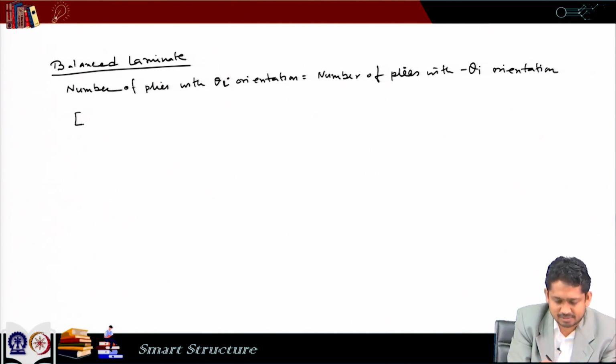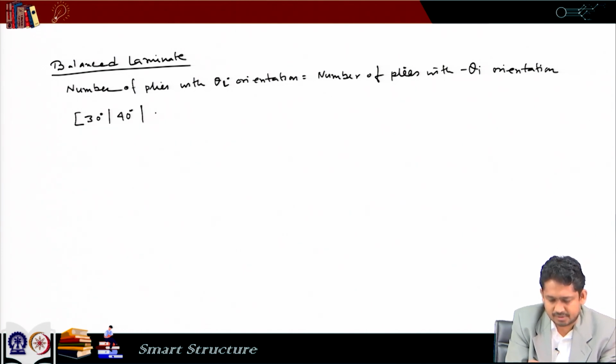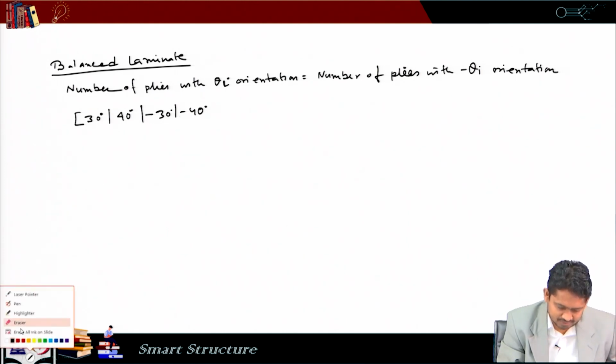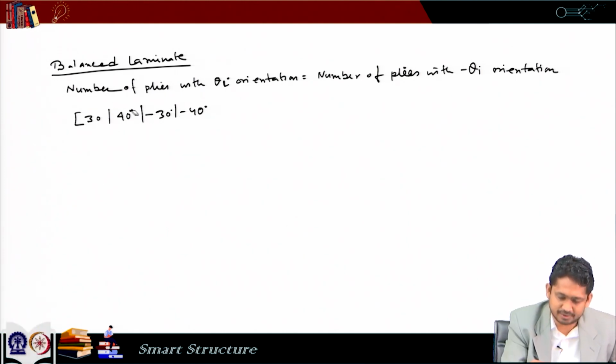So, a laminate like this, suppose 30 degree, 40 degree, minus 30 degree, minus 40 degree. Generally, we do not show the degree sign while writing the lamination sequence, it is understood.